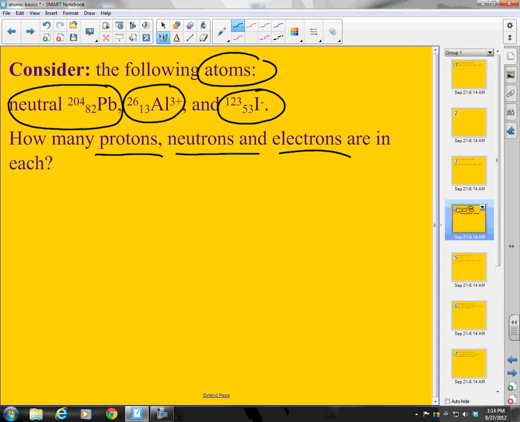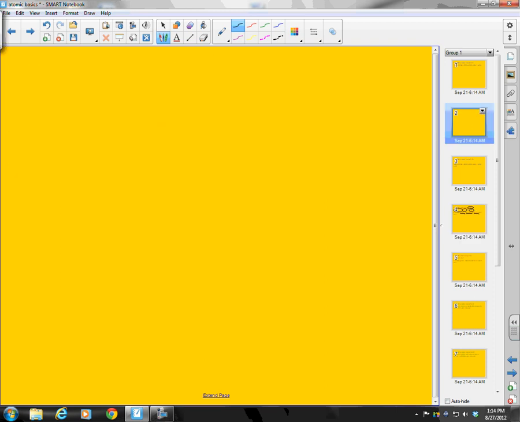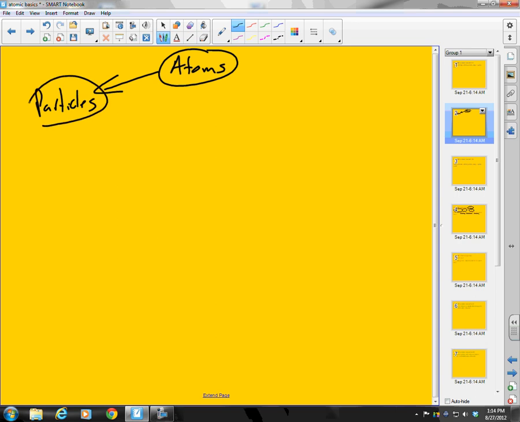Well, it looks to me like we need some notes, and we need to understand atomic representations. We were talking about atoms last time, and we had certain particles: the proton, the neutron, and the electron, right?